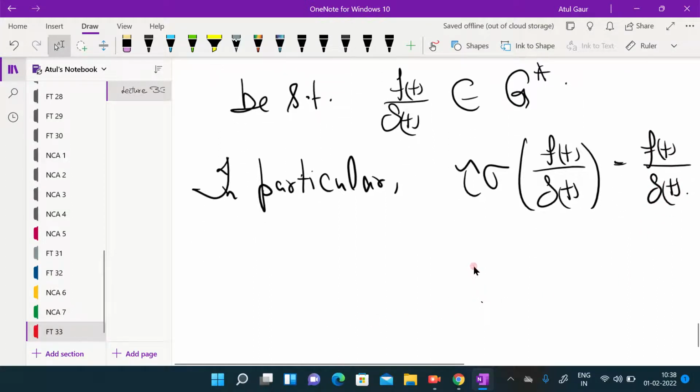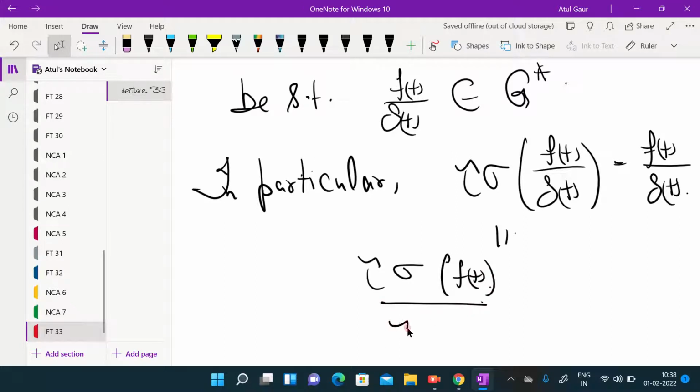So again, look at the left hand side. This will be tau sigma of f(t), tau sigma of g(t). This is further. So what is tau sigma f(t)?